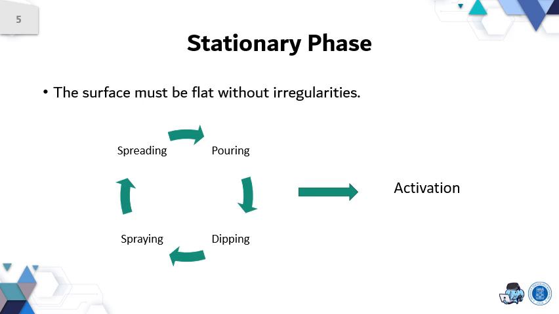The next step is spraying. The slurry is diluted further for the operation of the sprayer. But this technique is not used nowadays as it's really difficult to get a uniform layer. And then the next one is spreading.